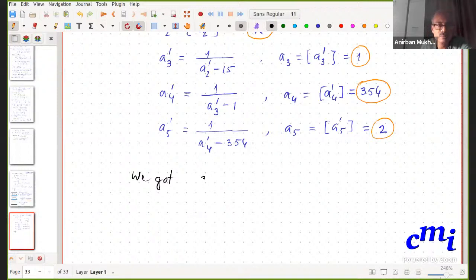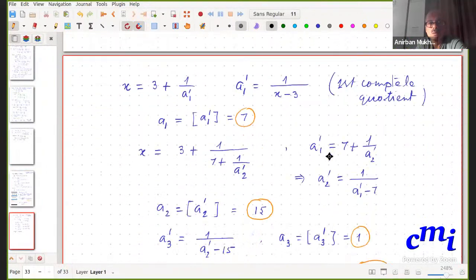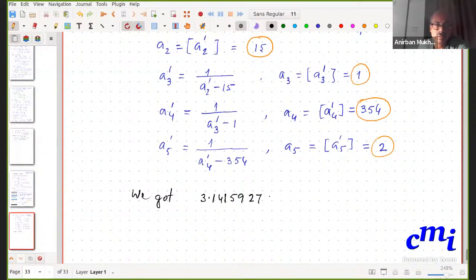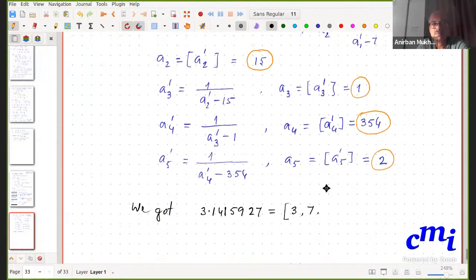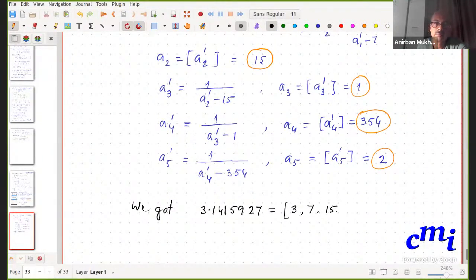So what was our x? 3.1415927. This is what we started with, and we saw that this has an expansion of this type: 3, 7, 15, 1, 354, 2, and it goes on.